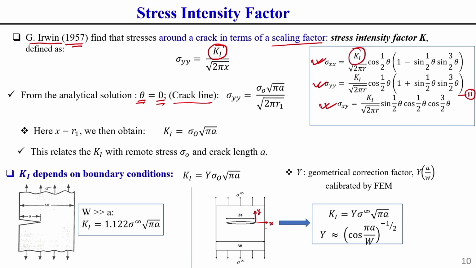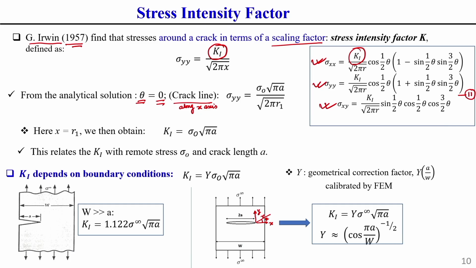So, along the crack line means along the x axis, where theta is equal to 0, because generally we measure theta this way.